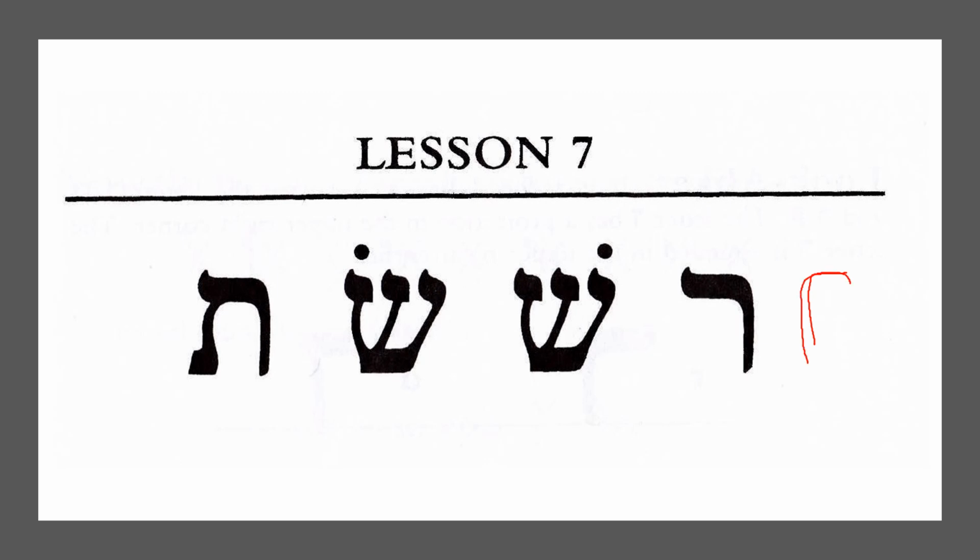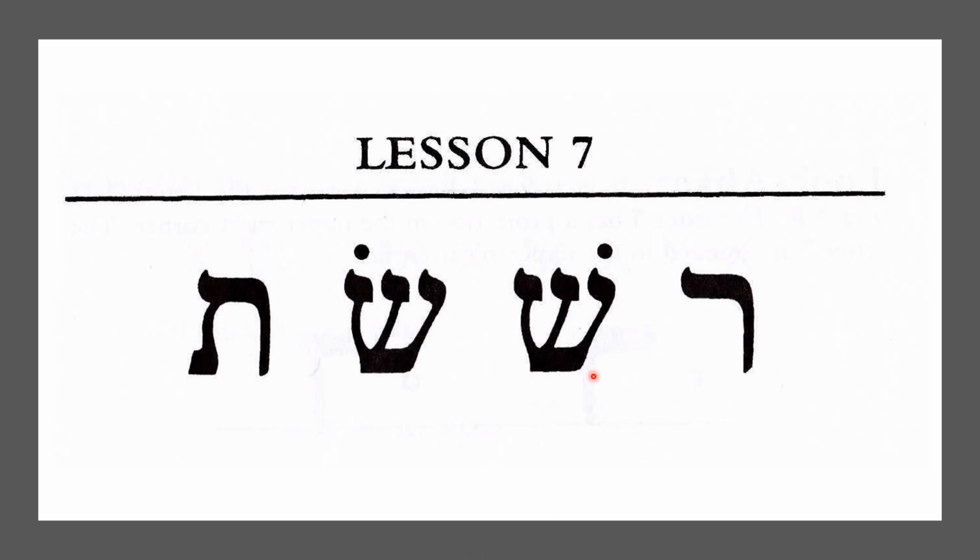The letter R sometimes has a little peak on the end of it. But at any rate, you can see that as a mirror image, the resh and the R in English, in the Latin alphabet, look pretty much the same. If that helps you to remember that, then fine. It's a good way to look at it. So again, that's the resh, the R sound.